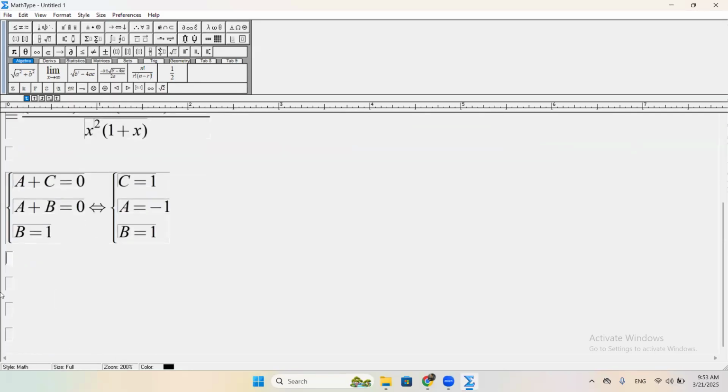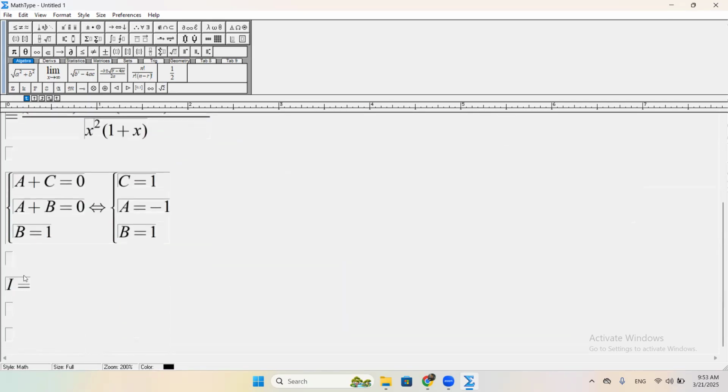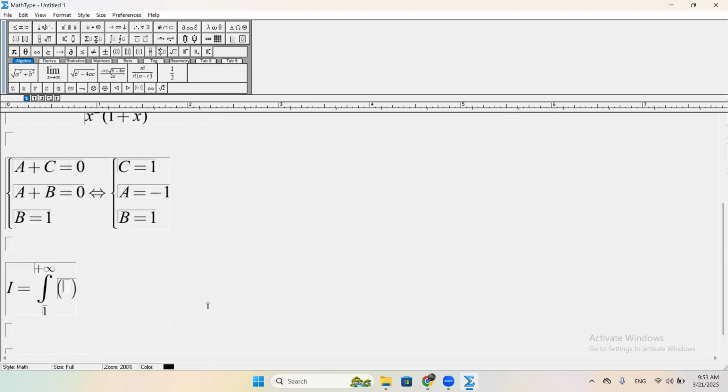And now let's calculate the integral. So minus 1 over x plus 1 over x squared plus 1 over 1 plus x dx.